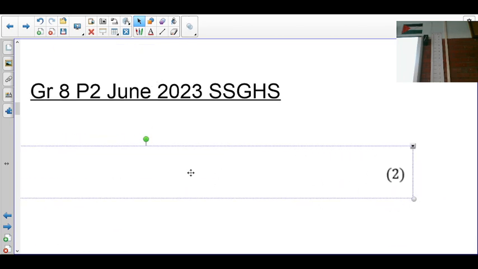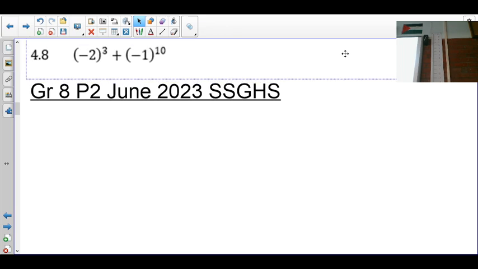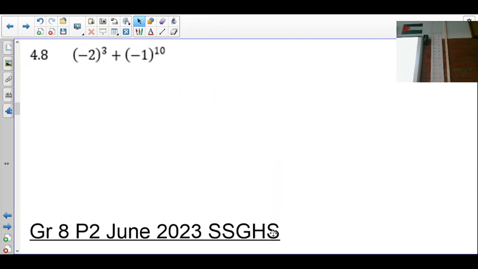Let's look at the next one, 4.8. So it's negative 2 cubed. A negative to an odd exponent will always be negative. 2 cubed is 8, that's 2 times 2 times 2. A negative to an even exponent will be positive. 1 to the exponent 10 is 1, not 10, 1.